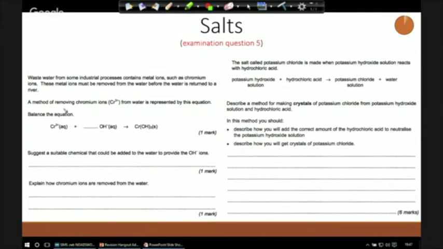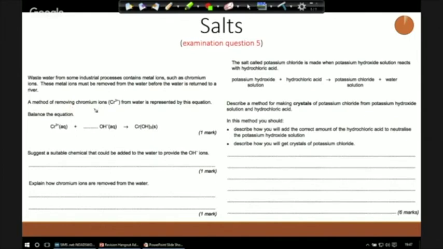So, question 1. Wastewater from some industrial processes contains metal ions, such as chromium ions. These metal ions must be removed from the water before the water is returned to a river.